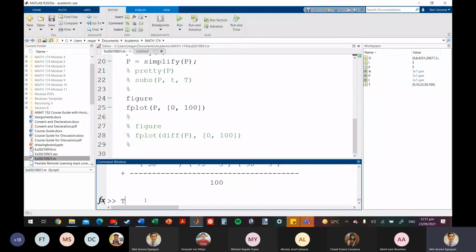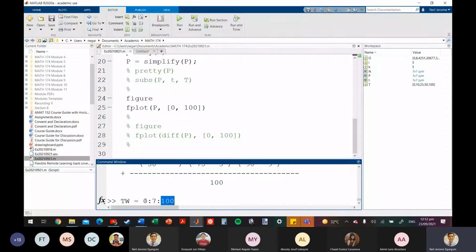Gagawa ko ng vector. This will be the vector starting from 0 until 100 of increment 7. Kasi gusto ko yung weekly data. So I will start at 0 and then I'll increment the time step by 7 days hanggang makarating ako sa 100. Okay?